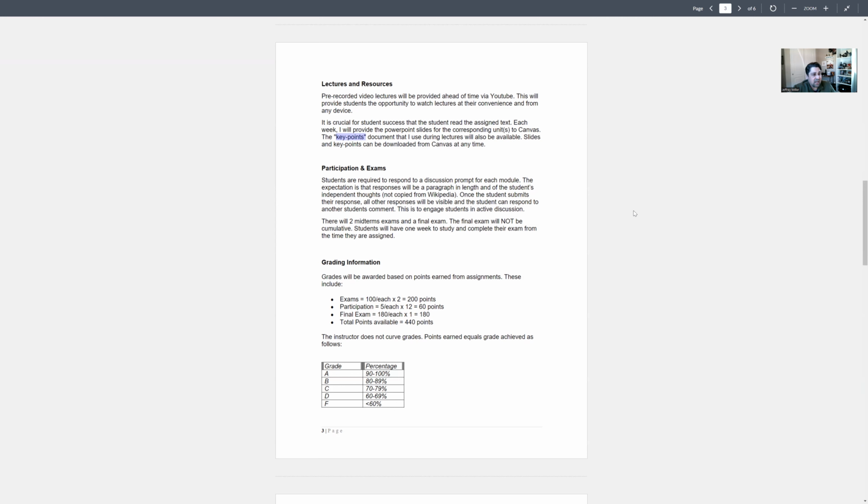But the expectation is that you will respond about a paragraph in length to whatever the prompt asks, in your own independent thoughts, not copied from somebody else and not copied from Wikipedia or from something else online. I want this to be your thoughts shared, and feedback, from you directly, okay?